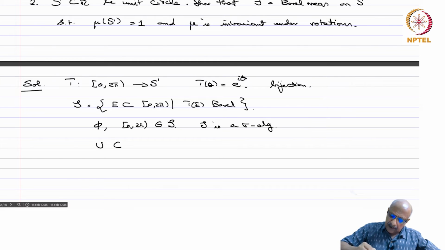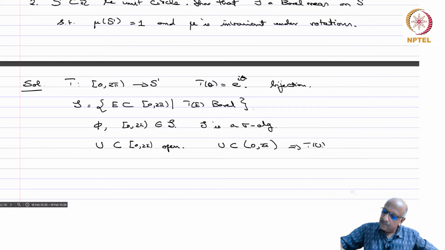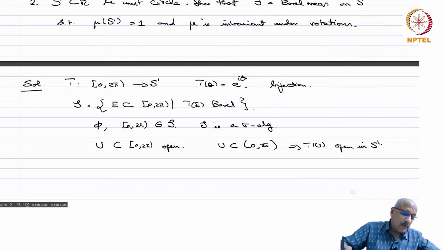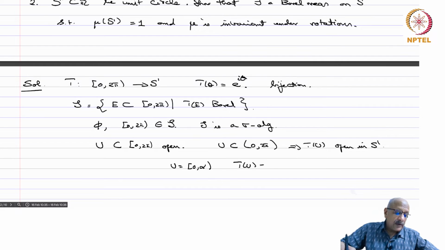Now if U contained in [0, 2pi) is open, there will be two possibilities. U could be contained in the open interval (0, 2pi), and this implies T of U is also open in S1, by the mapping here. Or U could be something like [0, alpha). Then T of U is nothing but the point 1 union T of (0, alpha), and this is Borel again.